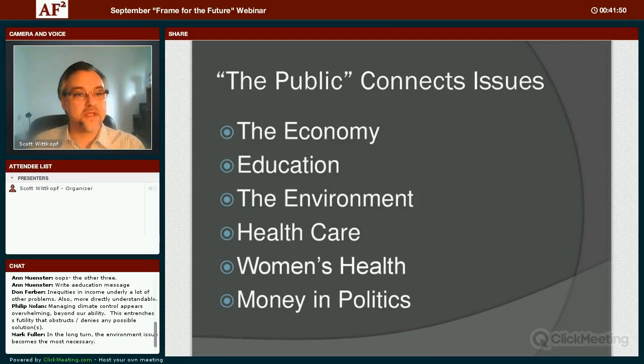Just take a look at both Phil and Mark made great points in terms of the environment becoming the most necessary, right? Because if we don't have a planet, then all of this is a moot point. And the managing climate control appears overwhelming beyond our ability. This entrenches a futility that obstructs, denies any possible solutions.